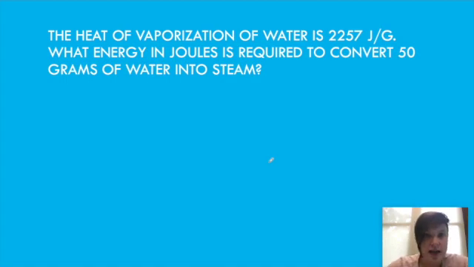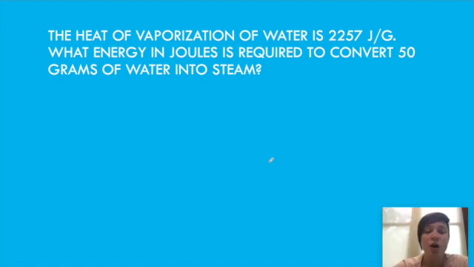This question tells us the heat of vaporization of water is 2,257 joules per gram. Much more heat energy is needed to change liquid water into gas than solid water into liquid. The heat of fusion was 334 joules per gram, and the heat of vaporization of water is 2,257 joules per gram.